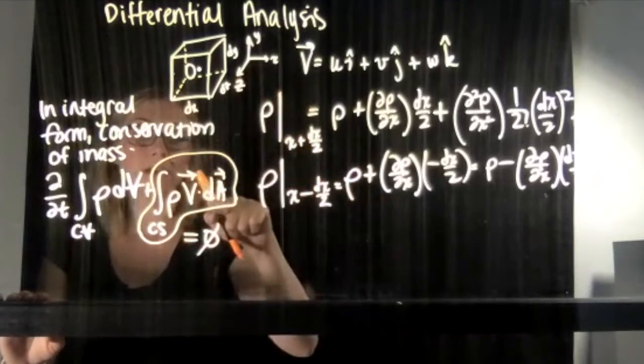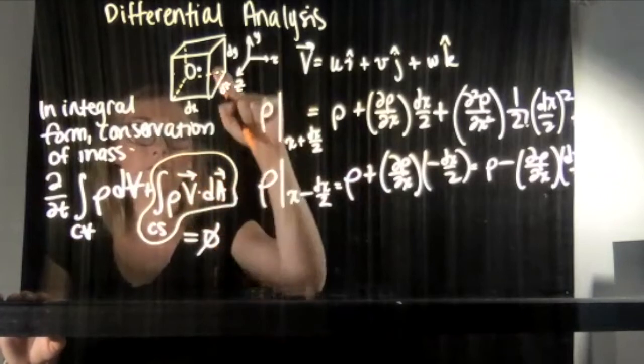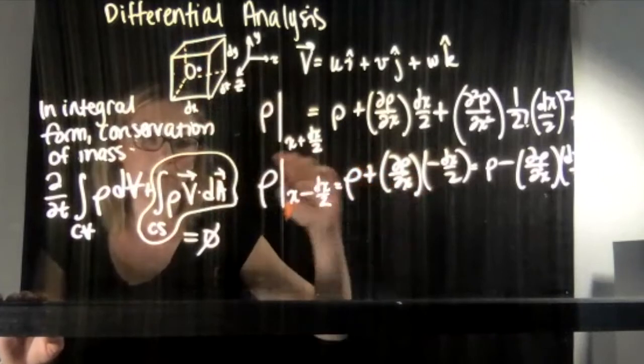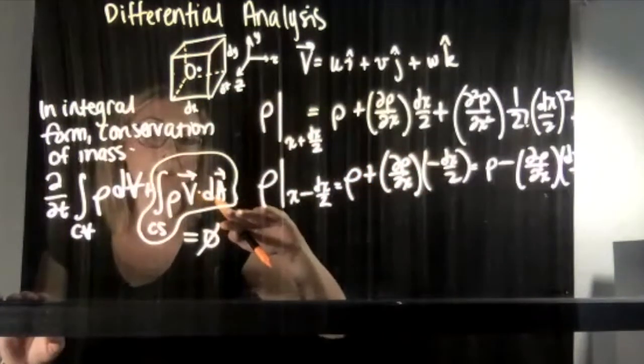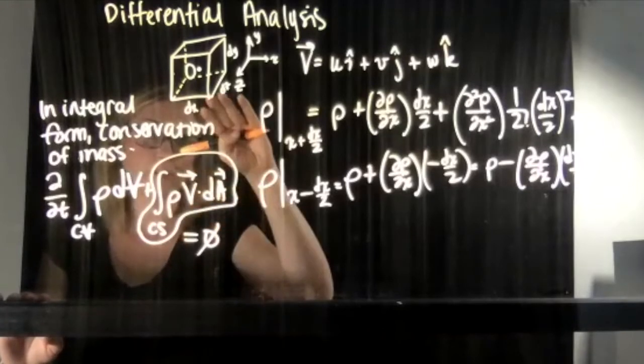So we're going to take a look at this rho v dot dA over each of these 6 faces in this form. And this term is called the mass flux. So we're going to be looking at the mass flux for an infinitesimal volume.